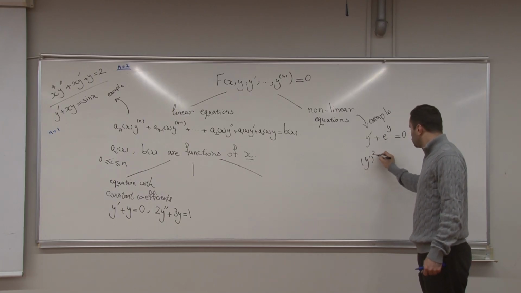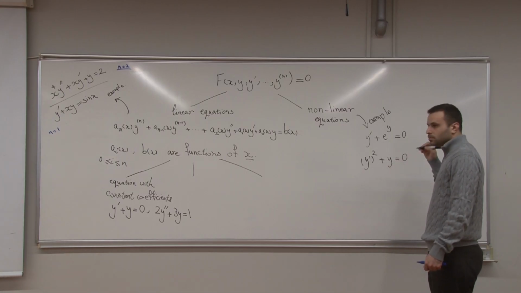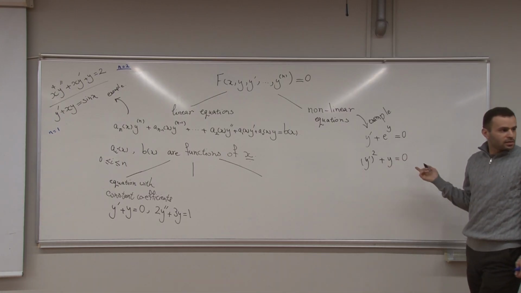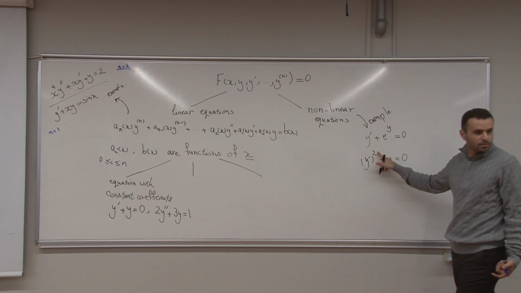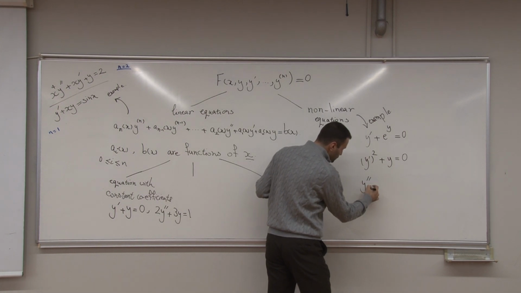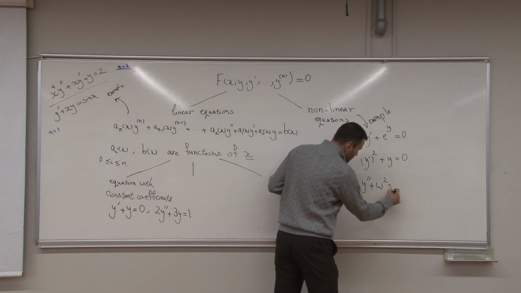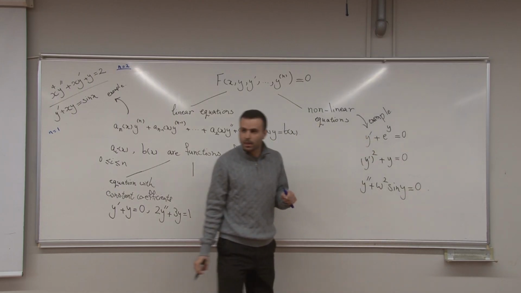y prime to the power of 2 plus y equal to 0. Okay? Again, this is a nonlinear equation because we have y prime to the power of 2. Or we have y double prime plus sine of y equal to 0. Okay?